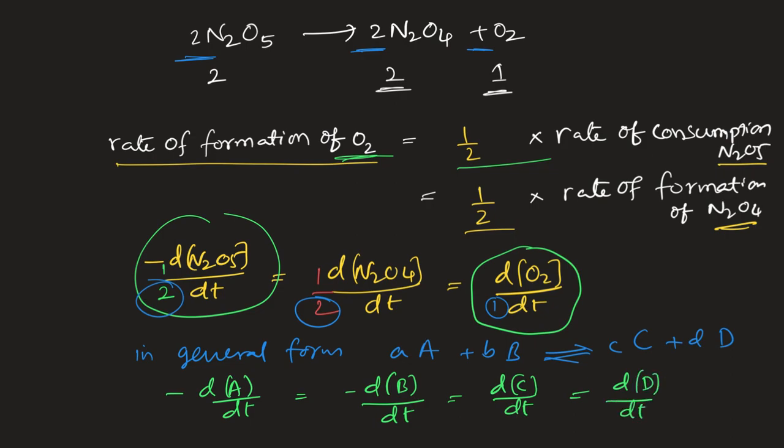Product is given positive, reactant is negative. Now, what are the stoichiometric coefficients here? A, B, C, and D. So here A, here B, here C, and here D. So this is the general expression.